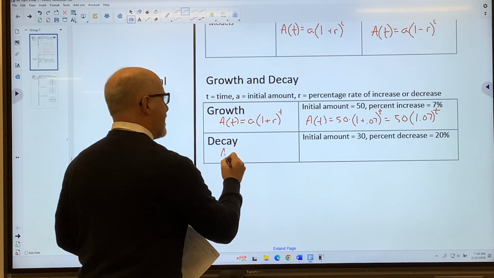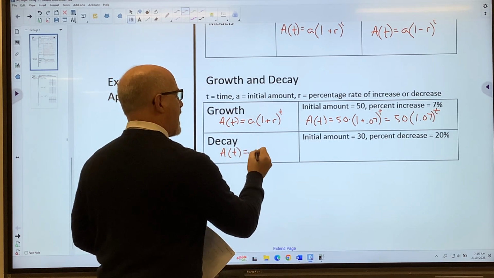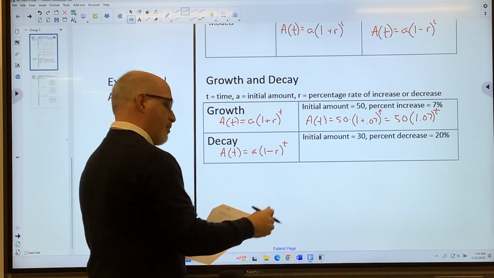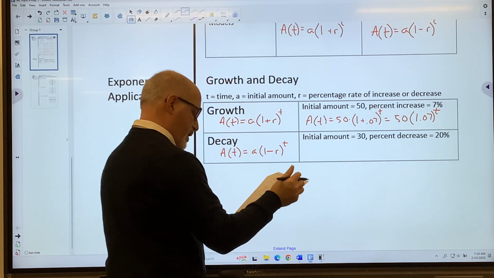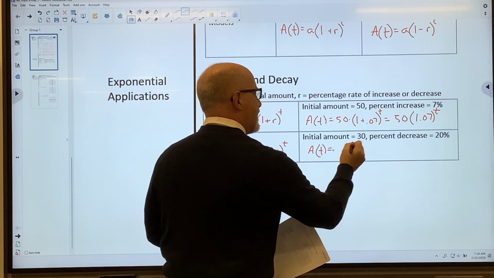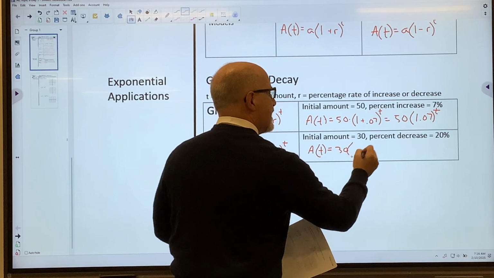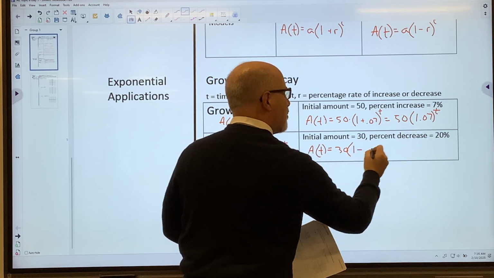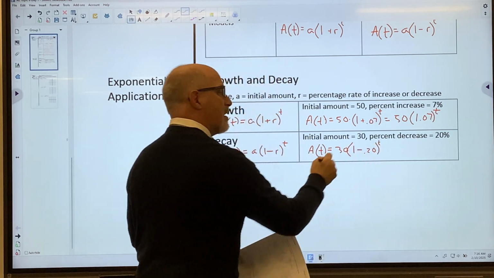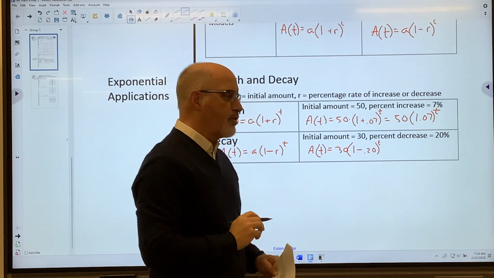Whereas decay, that's when we subtract the rate, 1 minus r to the t power. So when we do a problem like this, we're going to have A of t equal to the initial amount 30 times 1 minus 0.20. When you subtract the 20%, you move the decimal over 2 places.